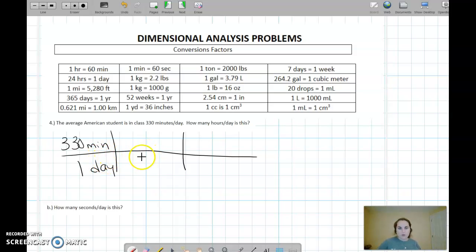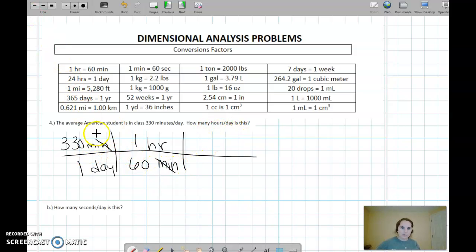So we are trying to get hours. So I know that I need something here to cancel out my minutes. Well, 60 minutes is equal to 1 hour. Awesome. So now we just cancel out my minutes, and I'm left with hours per day, which is exactly what we want. So yippee!